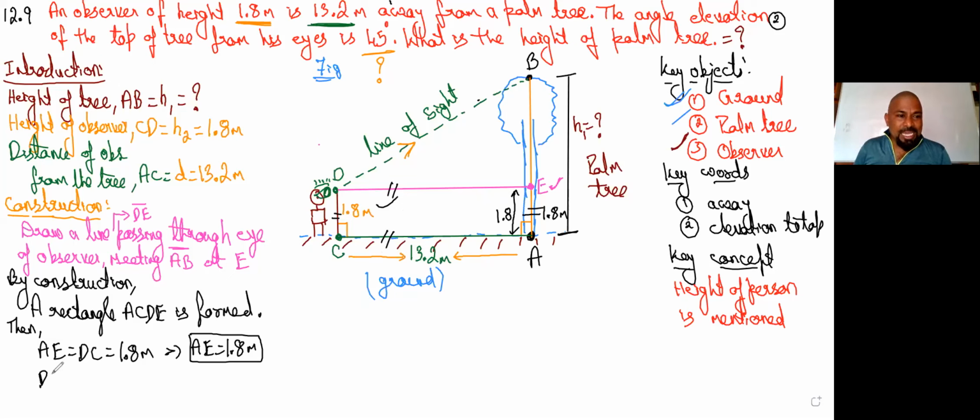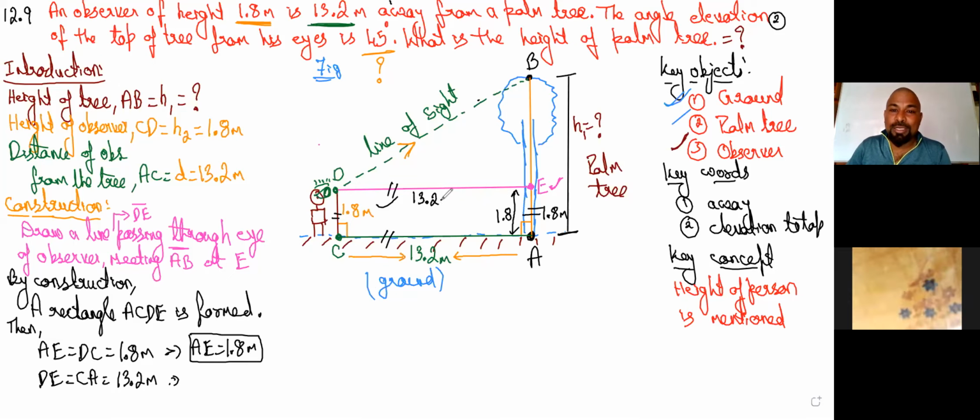The side DE, the new line what we have drawn, DE is equal to CA, and as we all know, it is nothing but 13.2 meters. So obviously the new line what we got also becomes 13.2 meters. That is the value what we got.